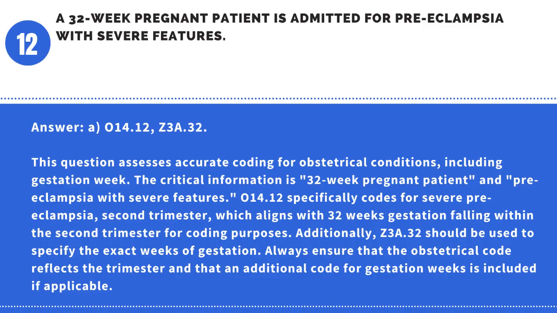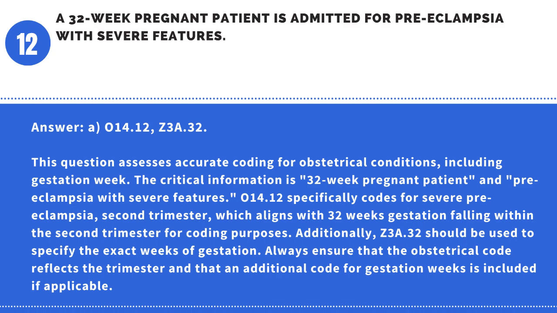This question assesses accurate coding for obstetrical conditions, including gestation week. The key information is a 32-week pregnant patient and preeclampsia with severe features. O14.12 specifically codes for severe preeclampsia, second trimester, which aligns with 32 weeks gestation falling within the second trimester for coding purposes.